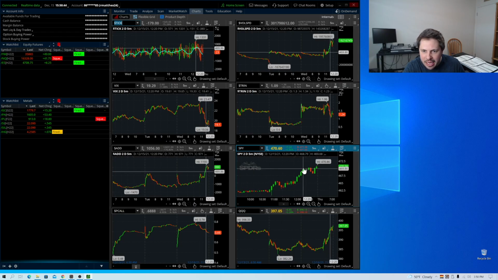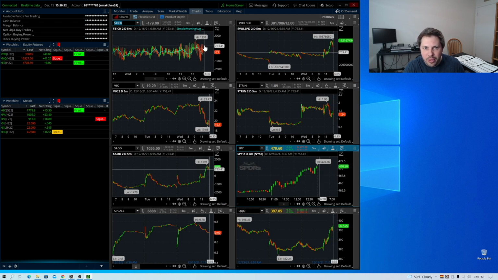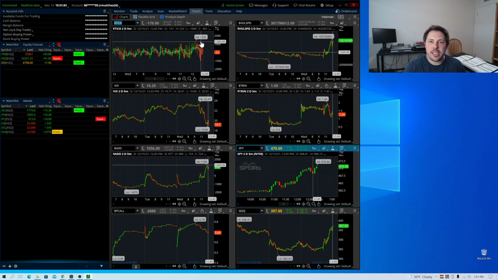Once it made that high right around here in this area, that the market then sold off a little bit, but then continued to rise, which is showing that the overall advancing ticks of up stocks versus down stocks was positive, right?